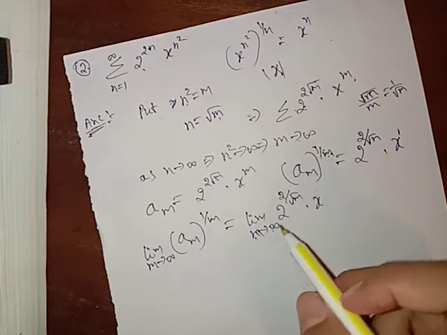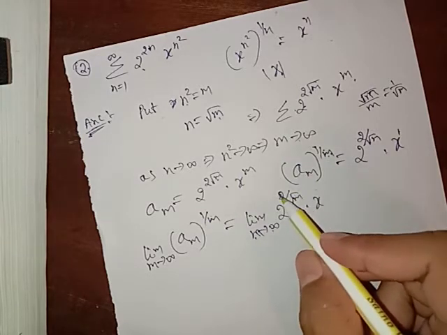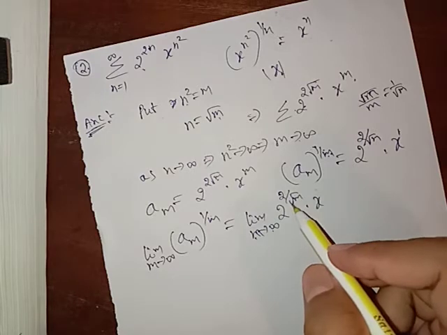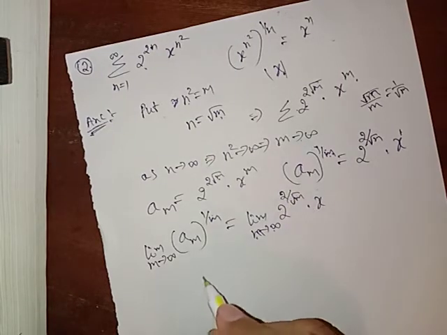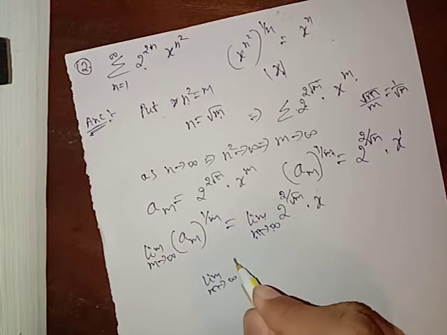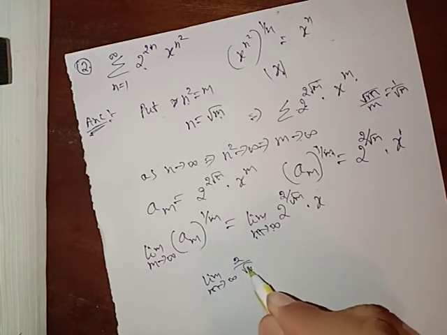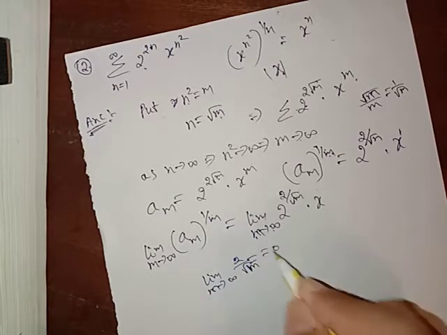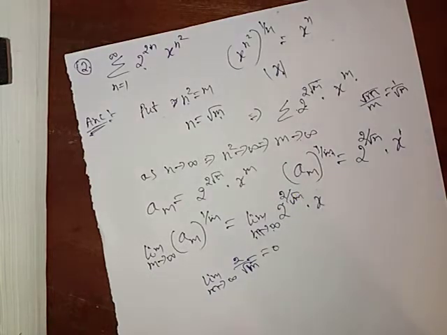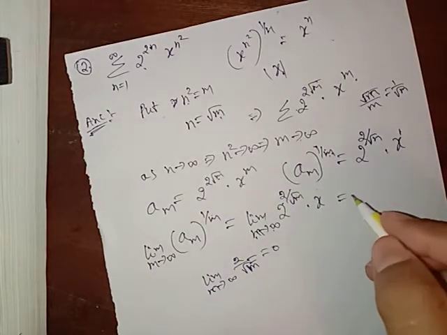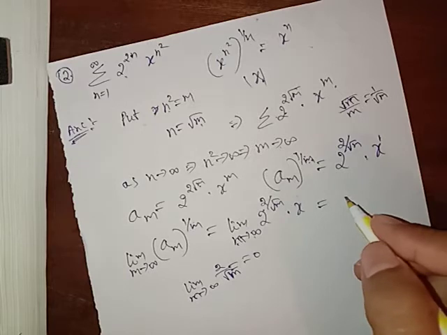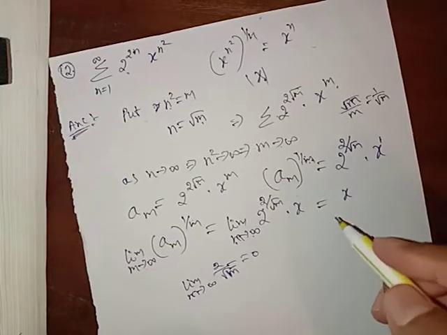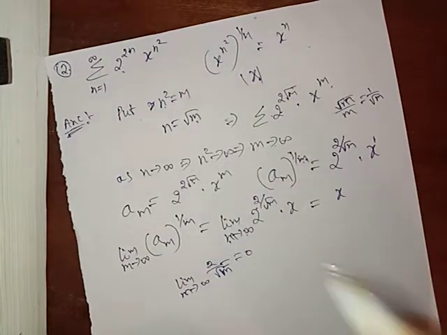As m tends to infinity, this 2 divided by root m becomes 0. The limit as m tends to infinity of 2 divided by root m is equal to 0. 2 raised to 0 means 1. So this is equal to x.